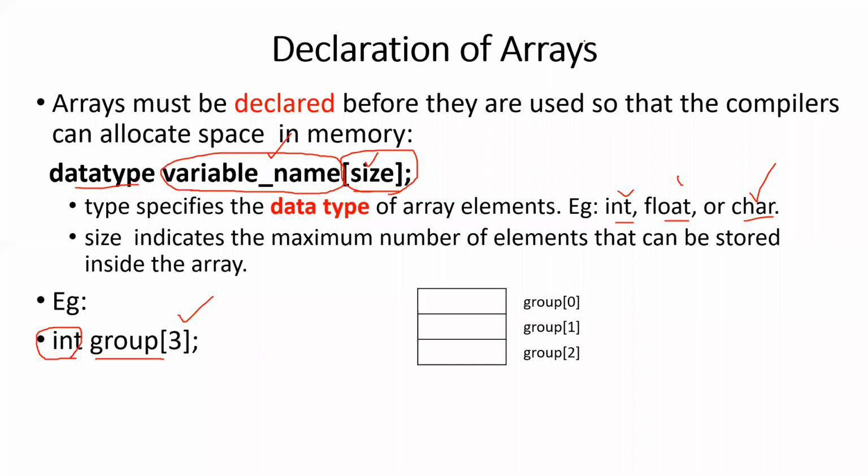I'm asking what will be the size of the memory allocated. Janani Abhishek answered 3, that is the maximum number of elements. I'm asking about the size of the memory which will be allocated for an integer array called group.